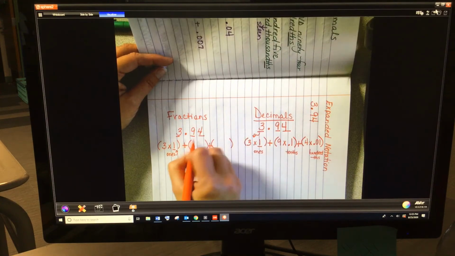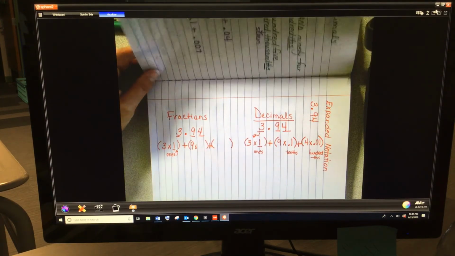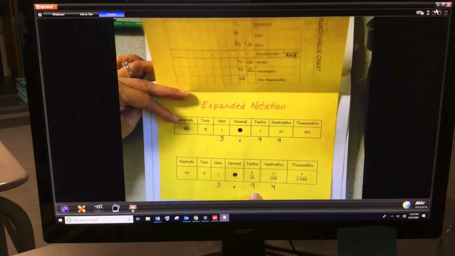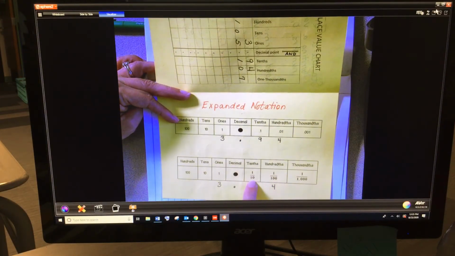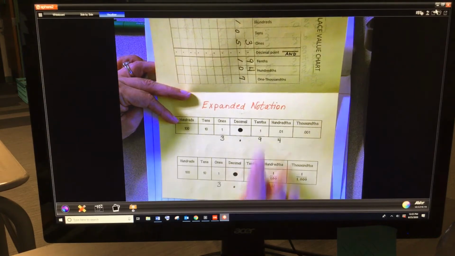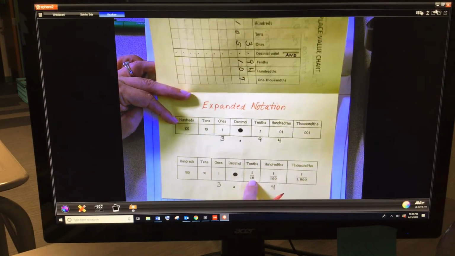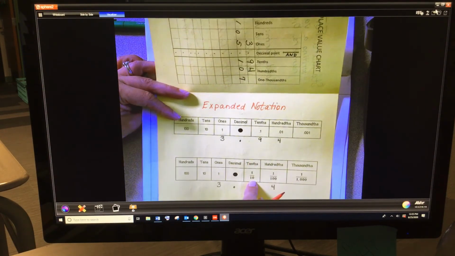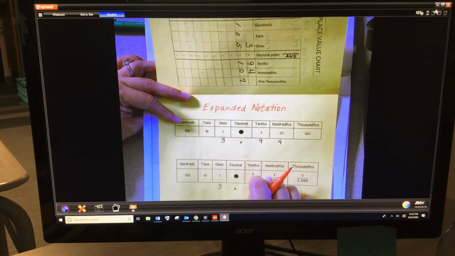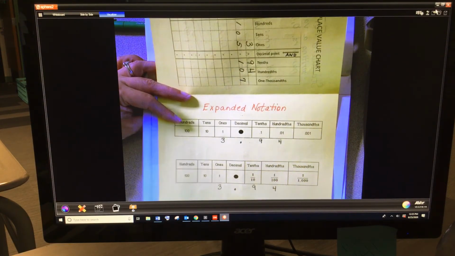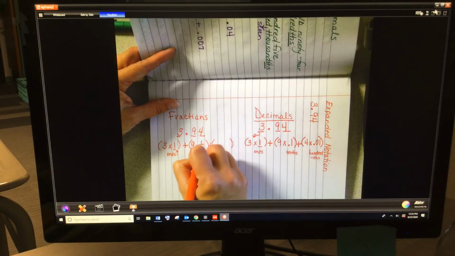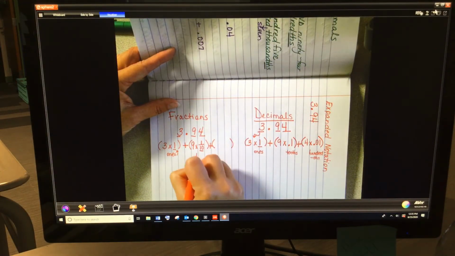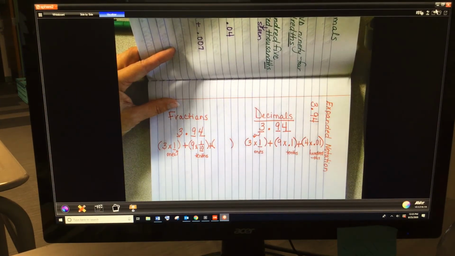Okay, now we look at our next number. We have 9 times something. Well, what place value is the 9 in when we're talking about fractions? It's in the 1/10. Well, didn't we say that is 1/10? Isn't this 1/10? So fraction, decimal, equivalency. They're equal. All right, so we know that this is times 1/10 because the 9 is in the tenths place.